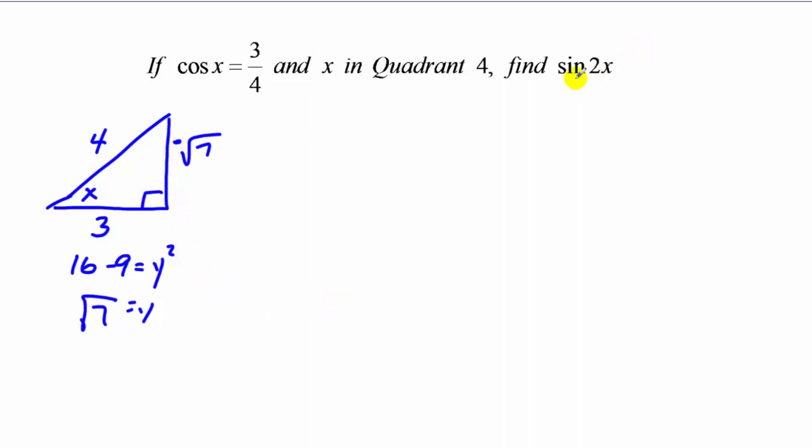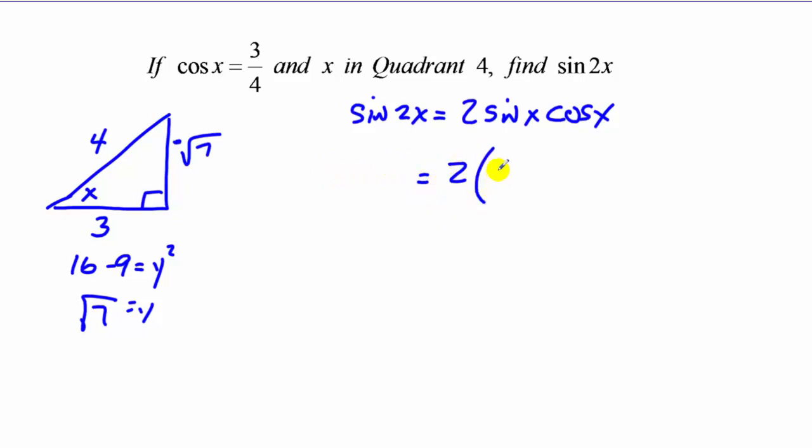Now we need to find the sine of 2x, and the sine of 2x, as we've already found, is equal to 2 times the sine of x times the cosine of x. And fortunately enough, I can find that from my triangle picture. So I have 2 times the sine of x, which is negative root 7 over 4, and the cosine of x is 3/4.